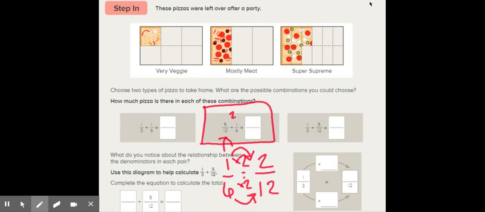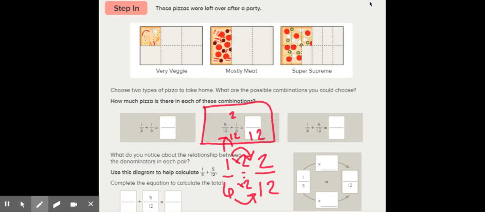I'm just going to write a little 2 up there to remind me that that isn't a 1/6 anymore, it's a 2/12. I could even put 12 down here if my finger lets me. All right, I know that my answer is going to be 12ths because the denominator stays the same. My units, which is my denominator, doesn't change.